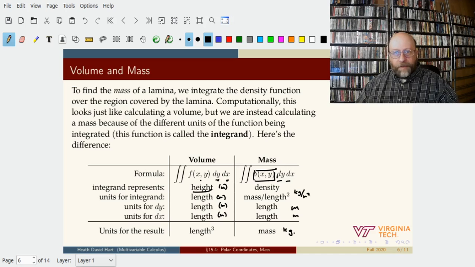And so in both cases, we're just taking the double integral of the function. The difference is the units of the function that we're integrating change the units of the answer. So if we integrate height, we end up with volume. If we integrate density, we end up with mass. But the good news is we don't have to learn how to do a different kind of integration. It's just the same kind of integration. The units are changing.